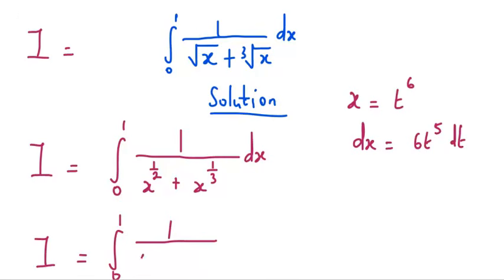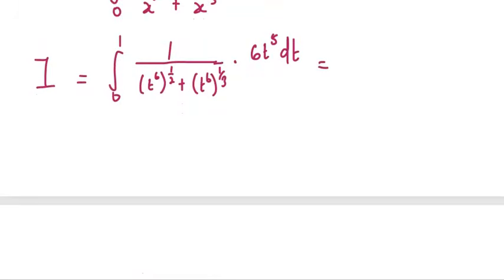Then we have 1 all over t raised to the power of 6 raised to the power of 1 over 2, plus t raised to the power of 6 raised to the power of 1 over 3. Then dx is equal to 6t to the power of 5 dt. So this is equal to 6 multiplied by the integral from 0 to 1 of 1 divided by, so here this is going to be t, not x, sorry for that.